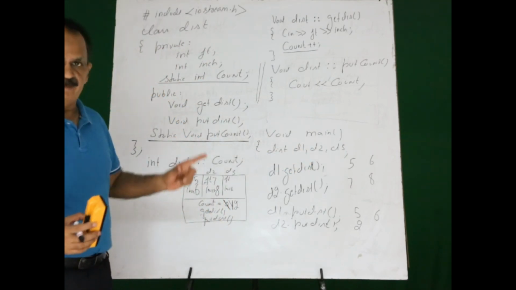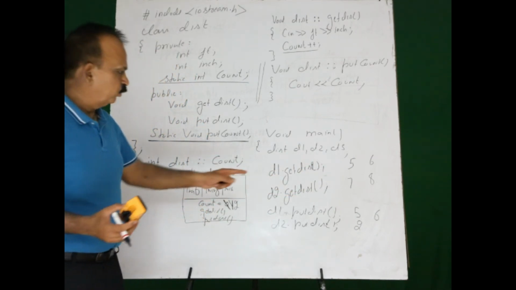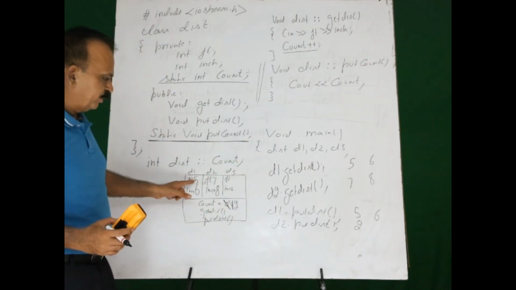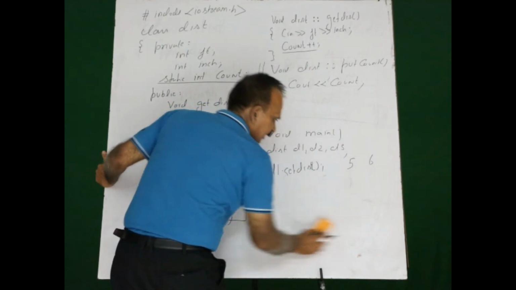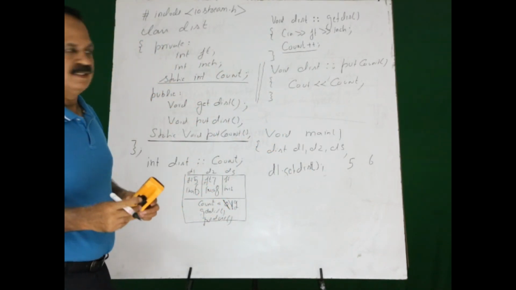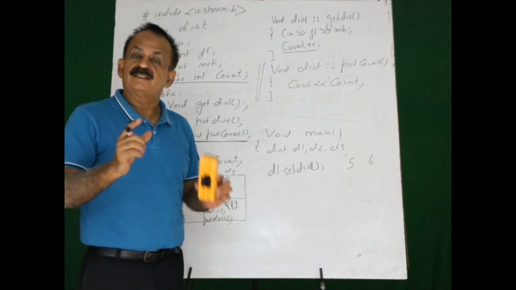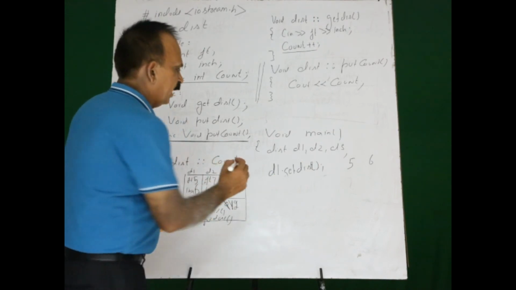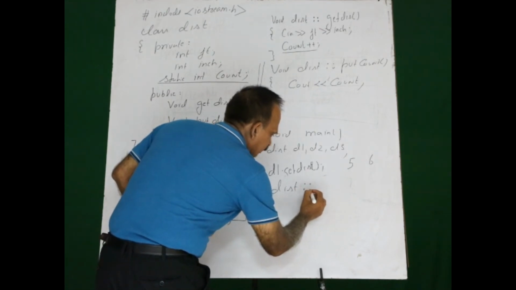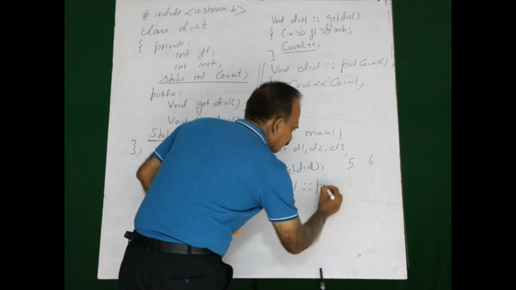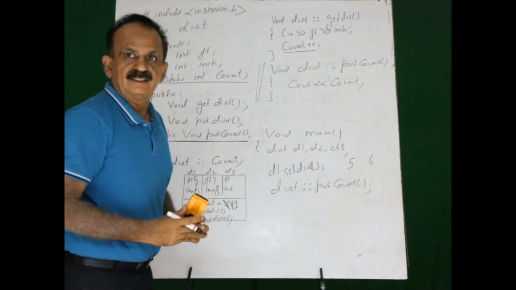Now, say three objects. This part will remain the same. The next one is d1.get_distance. It is used with d1. So the input value will be stored here and count will be incremented by 1. Now, I want to print the value of count. Yes, I will be using this one. And this is not to be used with any object because this is for the class variable. I write distance, which is the class name, the scope resolution operator, and then the function put_count.